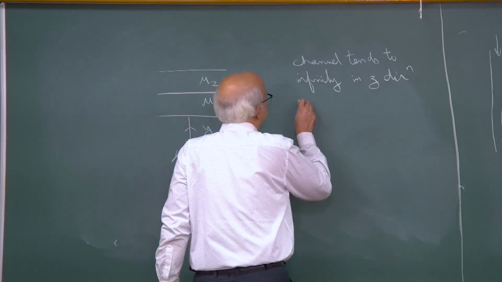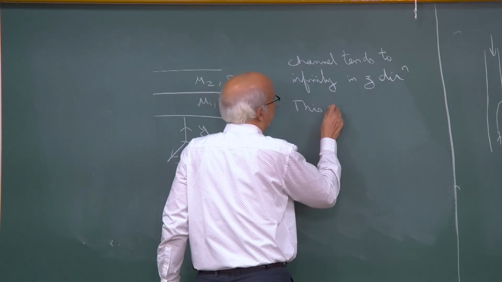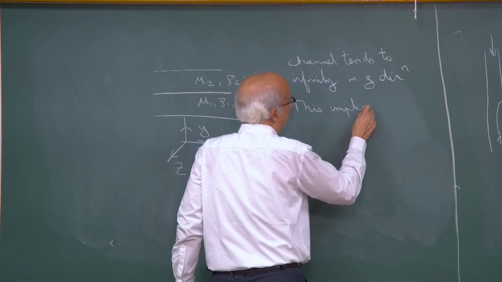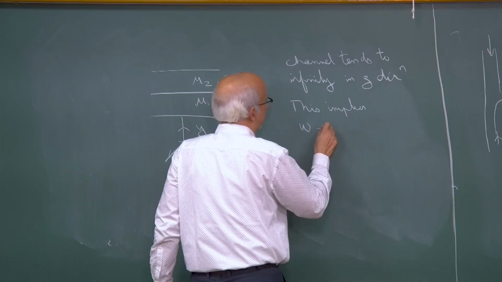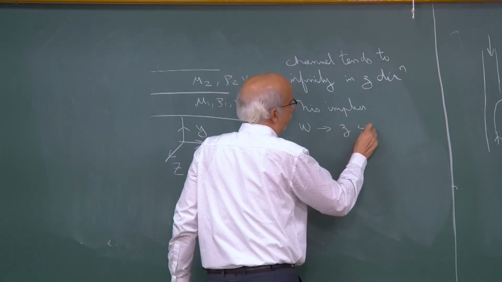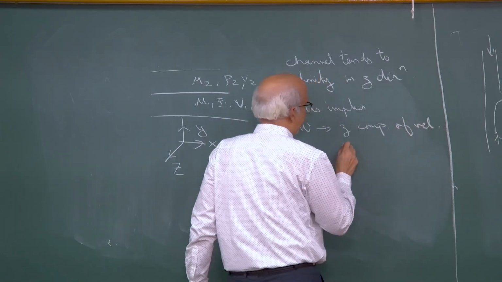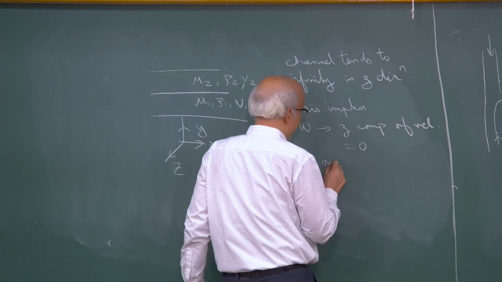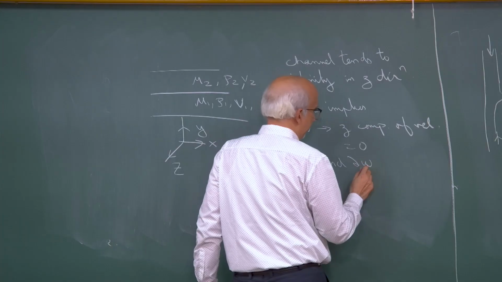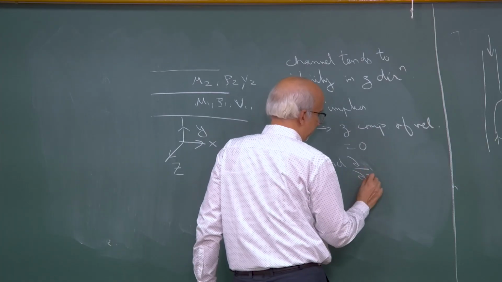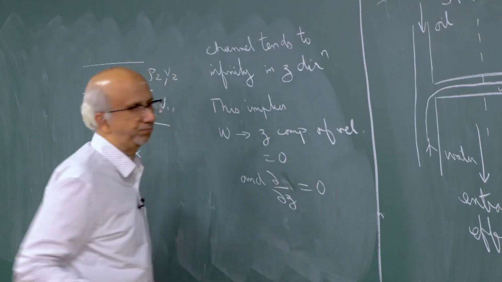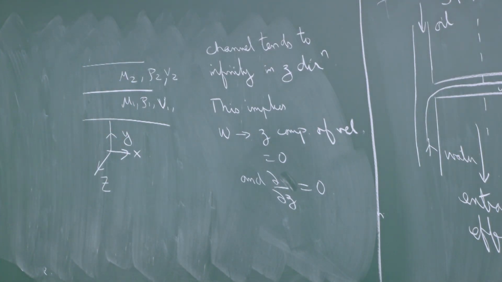And this implies W, the z component of velocity, is 0, and also d by dz is 0, okay. So this is an assumption we are making for the purposes of trying to get a grip of this problem, okay.